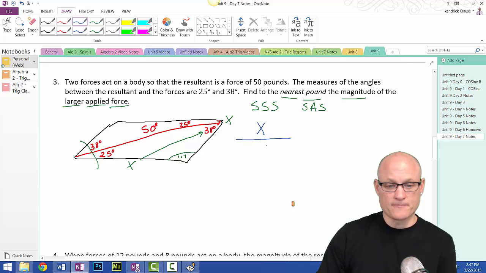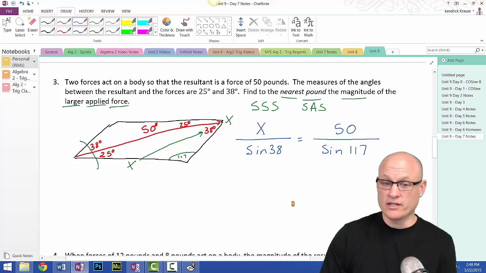X over the sine of 38 equals, what do I know? 50 over the sine of 117. Law of sines. It's angle, angle, side is what I really have. Or angle, side, angle. If you want to do it angle, side, angle, I have angle, side, angle. Or I have angle, angle, side. It doesn't matter.